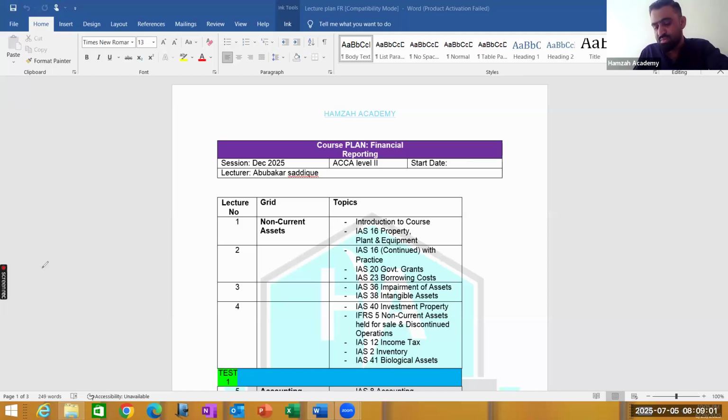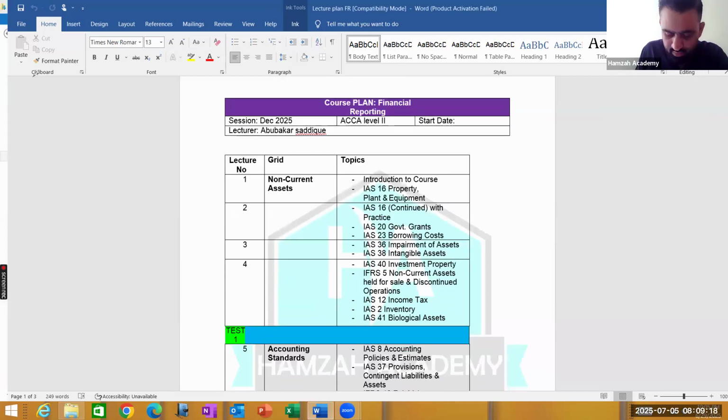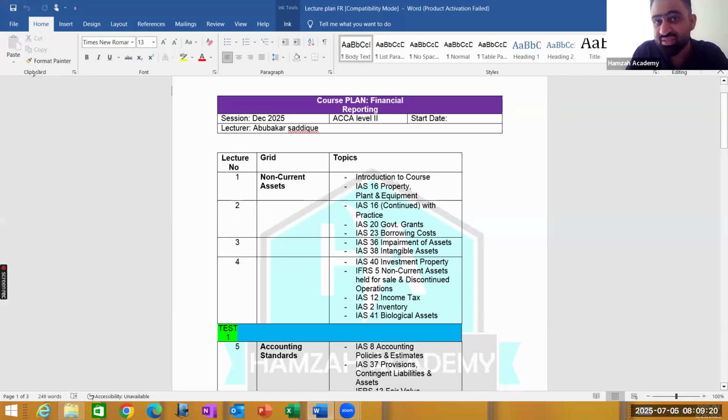Now, the paper of financial reporting, which we are starting today, will consist of various accounting standards, which we will learn in this paper, and some specialized areas.